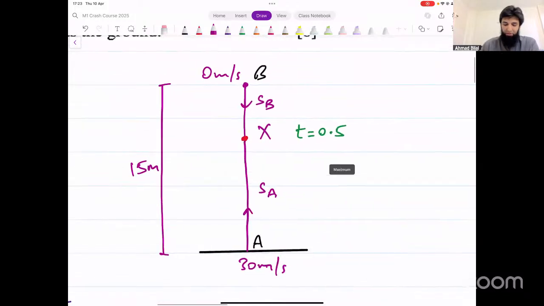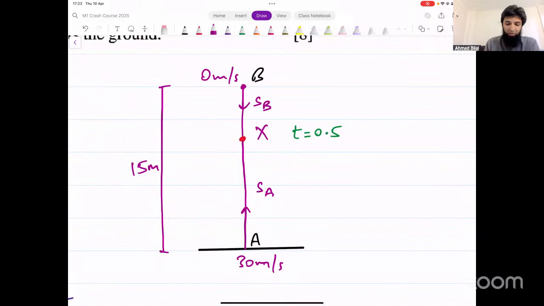Let's go back to that original diagram. Remember what was happening? A was going upwards, B was going downwards, and they collided at this point X. That was the point of collision.